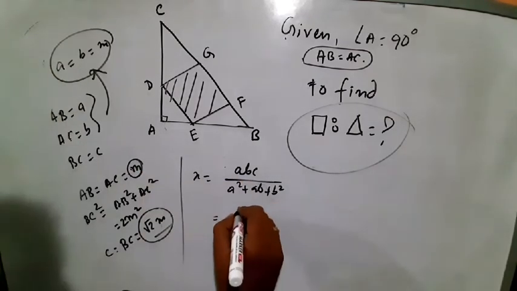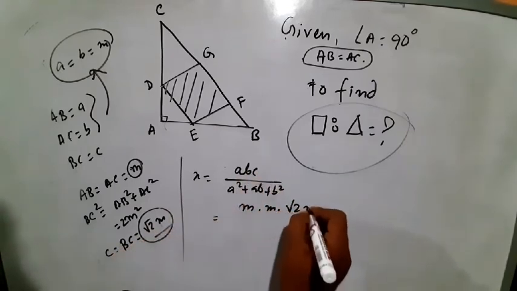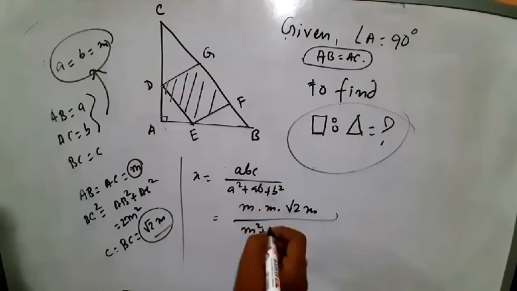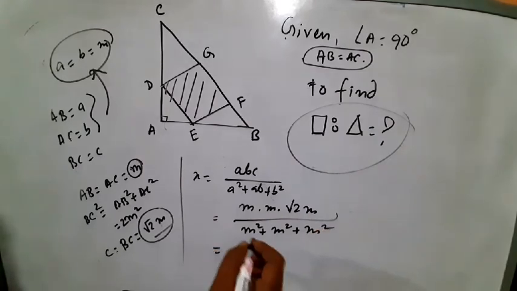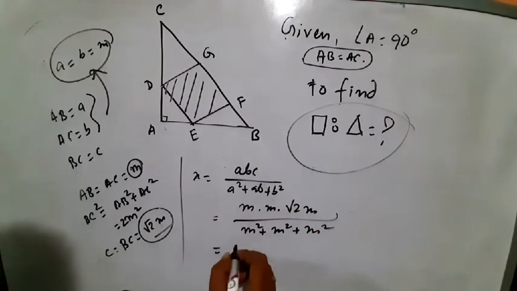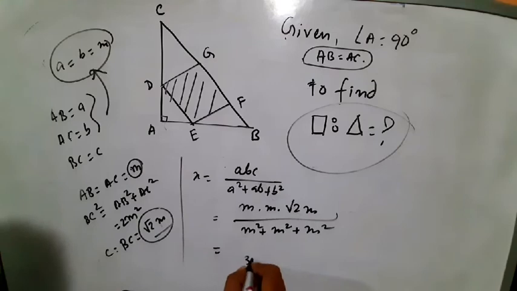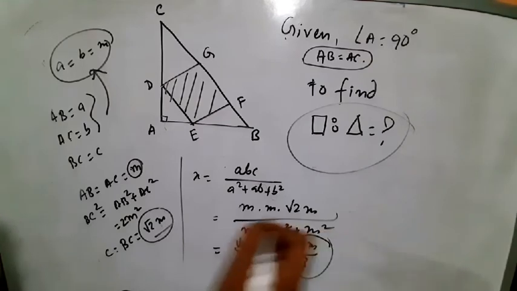So a is m, b is m, c is root 2 m. a square is m square, ab is m square, b square is m square. What will come? Just check it. On the upper side it comes root 2 m cube, underneath 3m square. So root 2 m by 3 is the value of x.